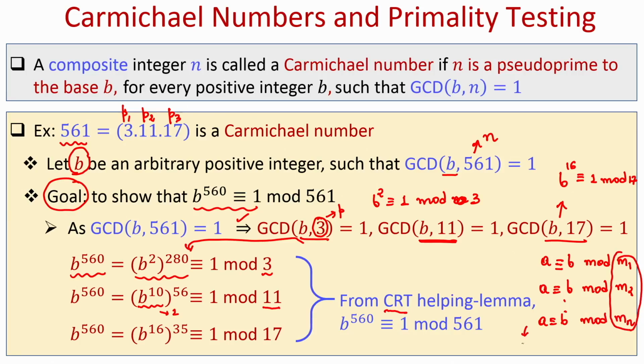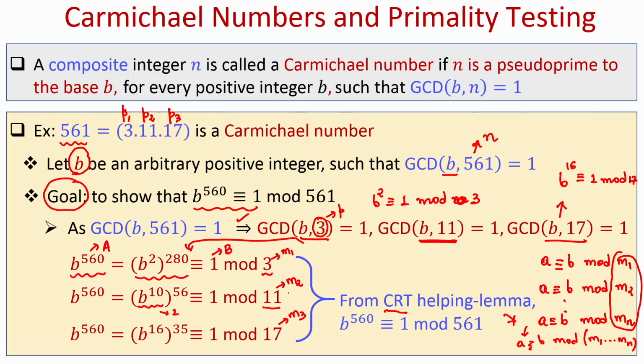Then the conclusion is that a is congruent to b even modulo the bigger modulus, which is the product of all the individual moduli. So, that was the CRT helping lemma. So, now I can treat my capital A to be b to the power 560, I can treat my capital B to be 1, and I have 3 moduli here, m1 being 3, m2 being 11 and m3 being 17.